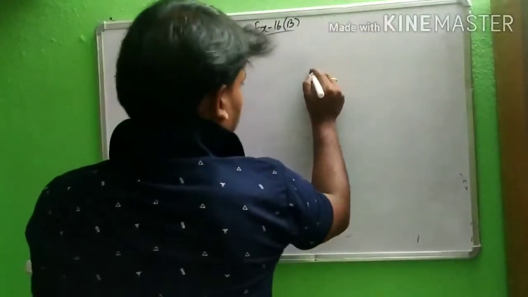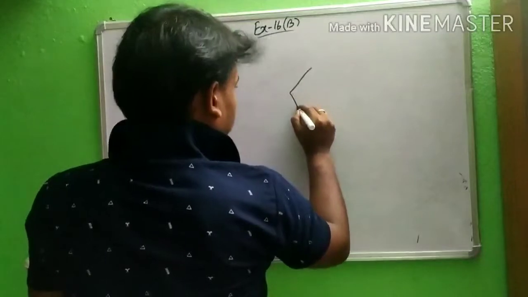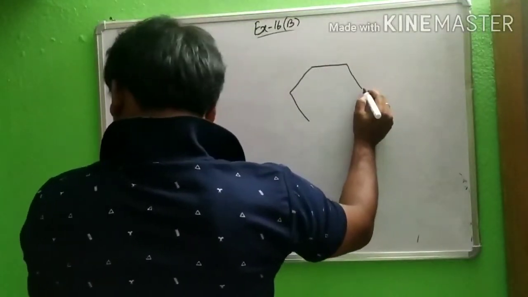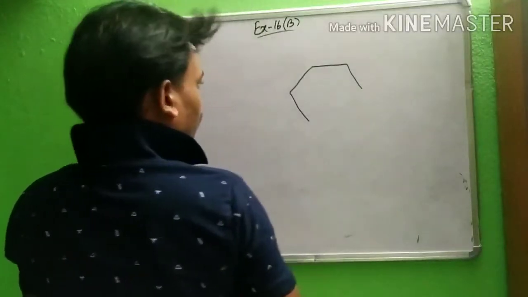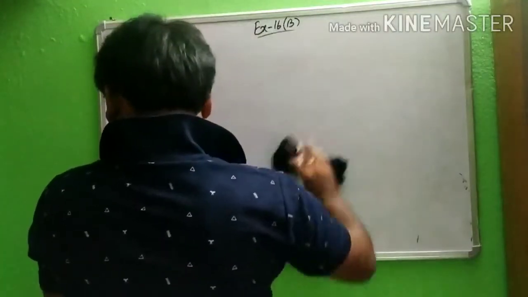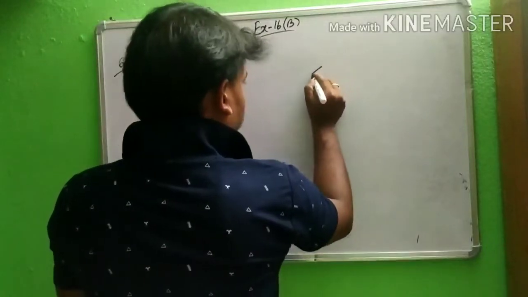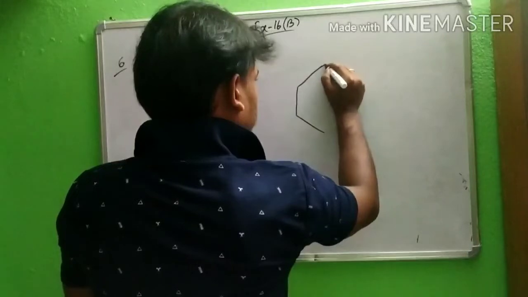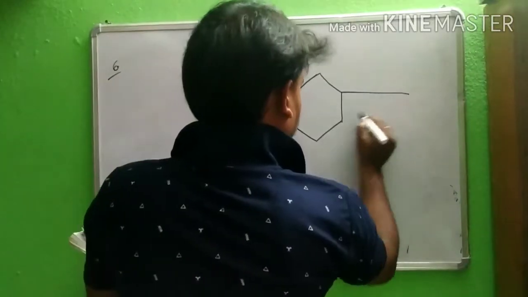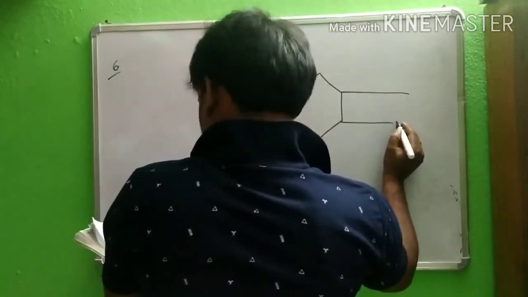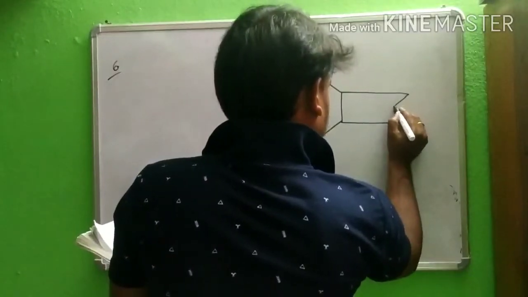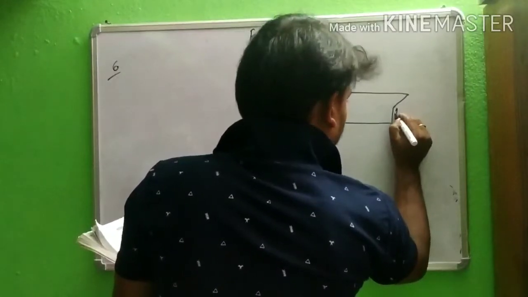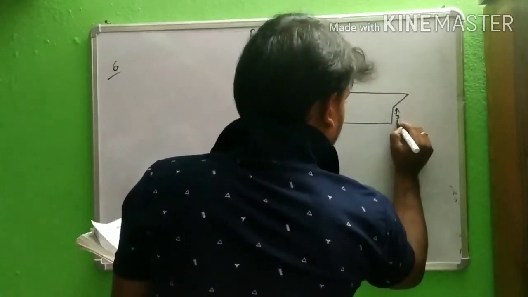Okay, number 6, area of the figure given below. So what is the figure? One regular hexagon is given. The value of this one is 3 centimeter.